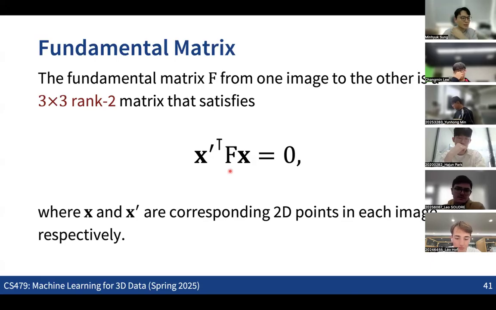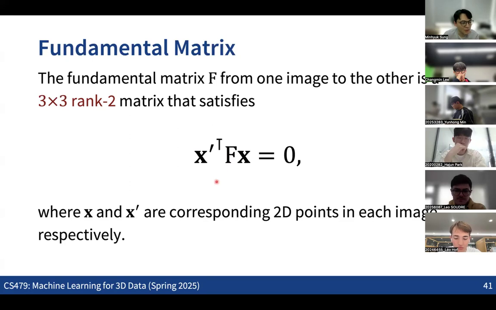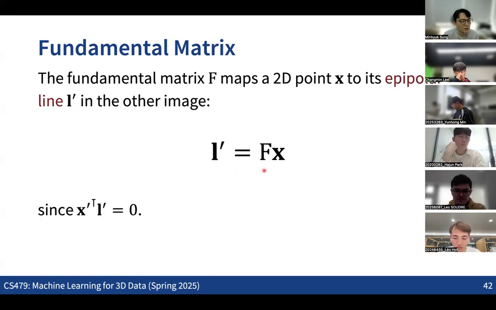What we can see is that this fundamental matrix also represents the correspondence of these two points. By definition, this matrix maps the point in the first image into the epipolar line in the second image, because the dot product of these two should be 0, right?